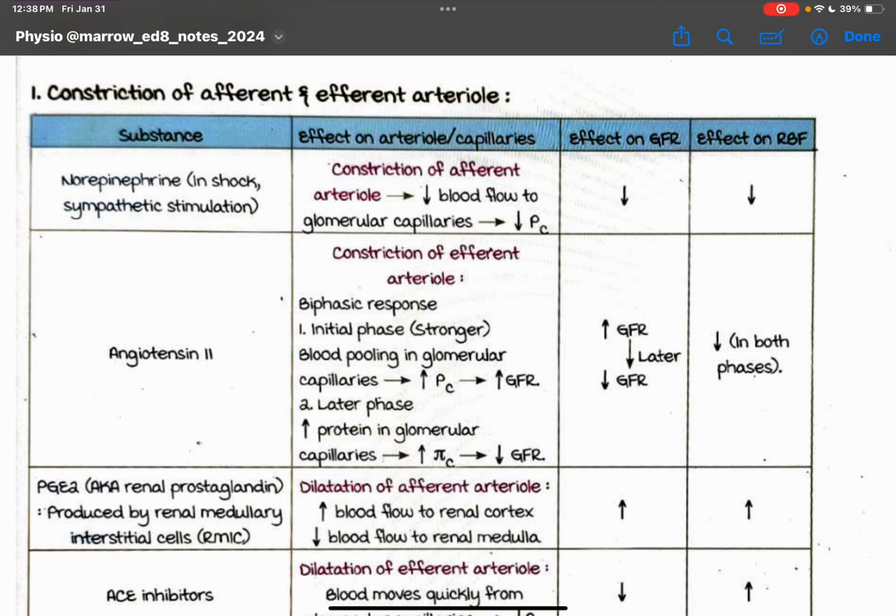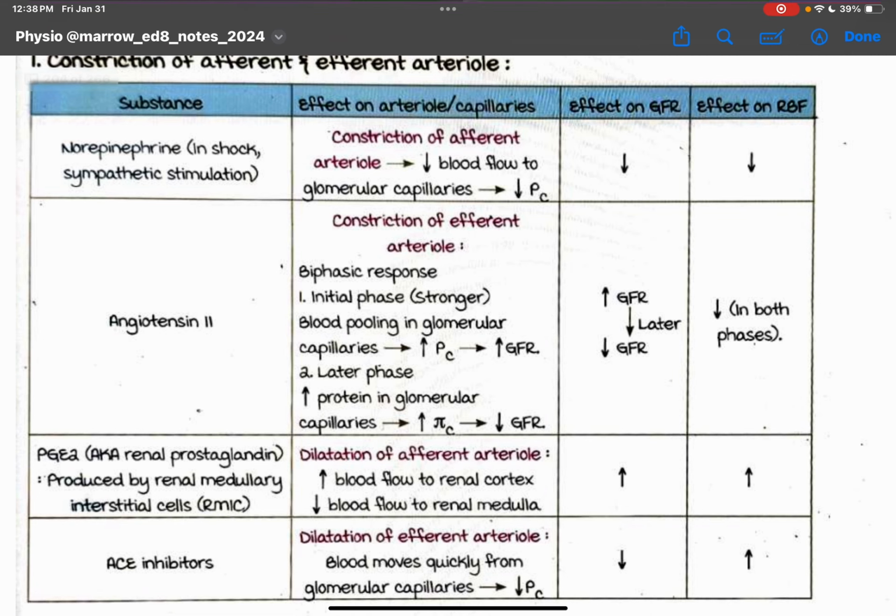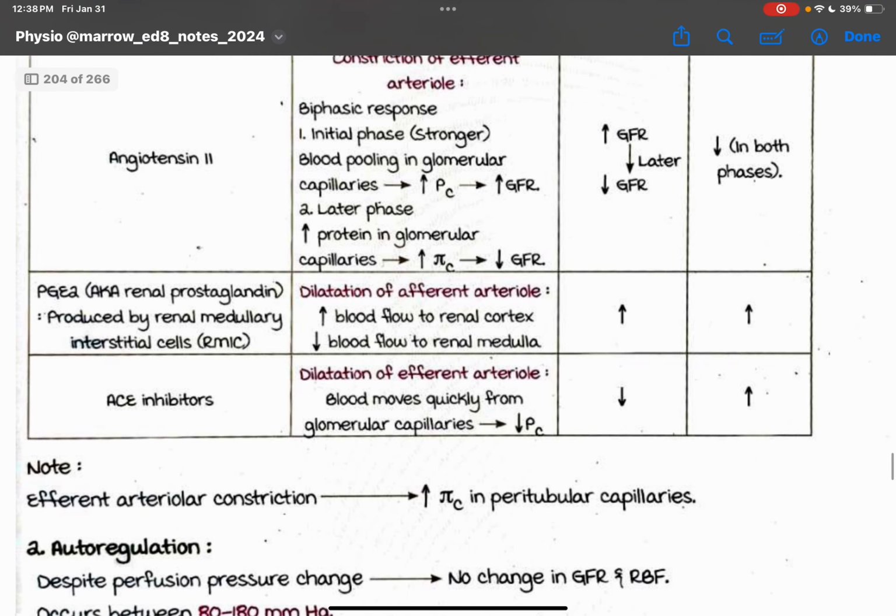So the effect of angiotensin on GFR is increased GFR and later decreased GFR. The effect on renal blood flow is decreased in both phases.